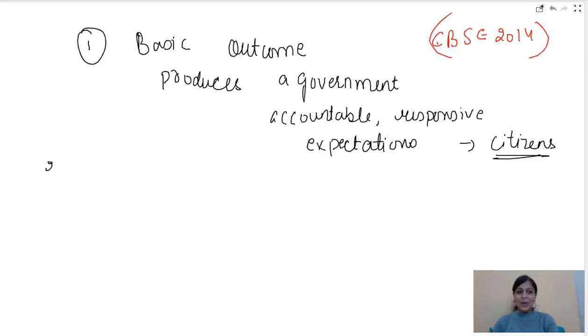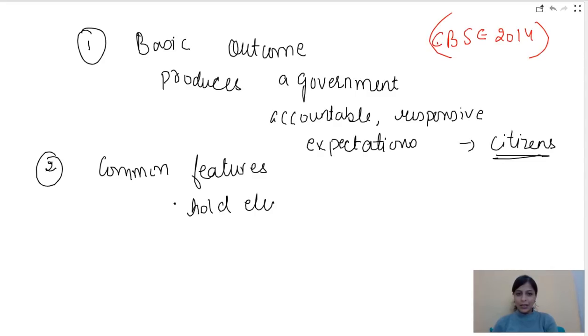Okay, so the next question is interesting. What are the common features of democracy all over the world? Like all over the world. Okay, they hold elections, good. They hold elections, that's okay. The second is, they have formal institutions. Cool. What else?